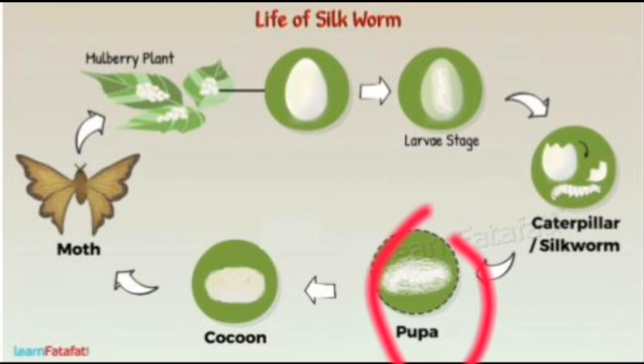Soon the caterpillar completely covers itself by silk fibers and turns into pupa. This covering is called cocoon. Okay, and the further development of the pupa moth continues inside the cocoon, and finally the silk moth comes out by breaking the cocoon. Okay.